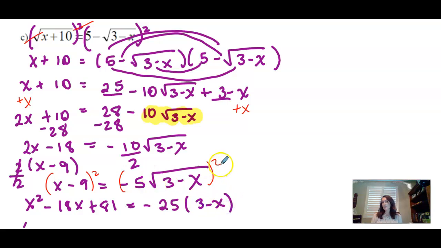The square root and the square canceled each other, giving you just what's underneath the radical. You would go ahead and distribute the negative 25. So this is negative 75. All right, so negative 75, the two negatives are going to make a positive 25x, which is equal to the x squared subtract 18x plus 81.